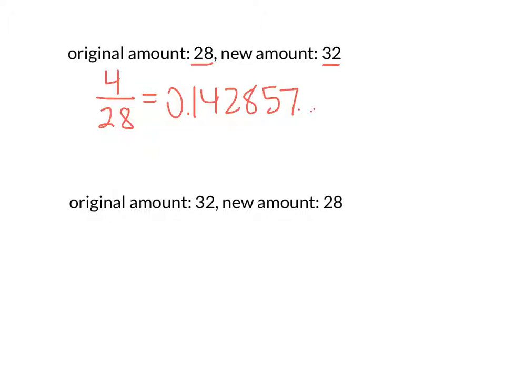So if we multiply now by 100, and I think your directions have you round to the nearest percent, that would give us 14.2%, so we just round it to 14%. And that has gone from a lower number to a higher number, so that is an increase.